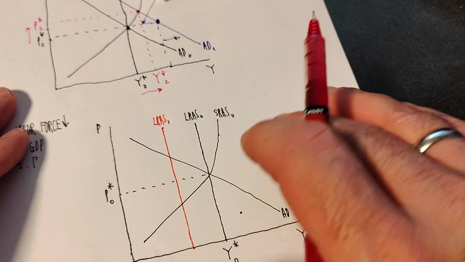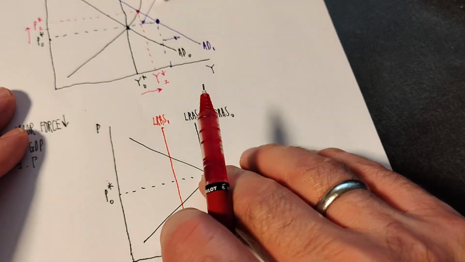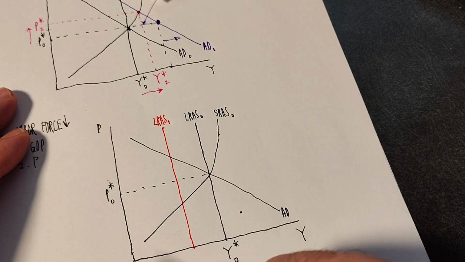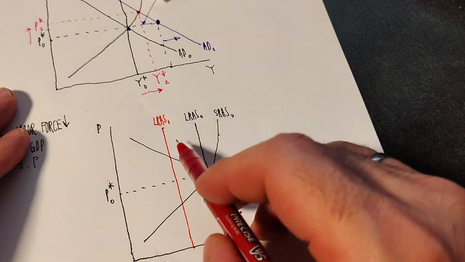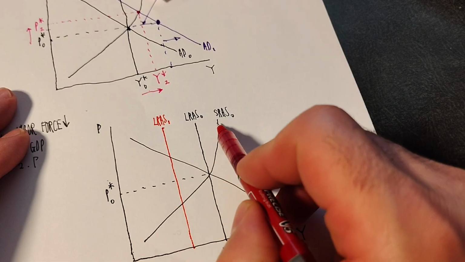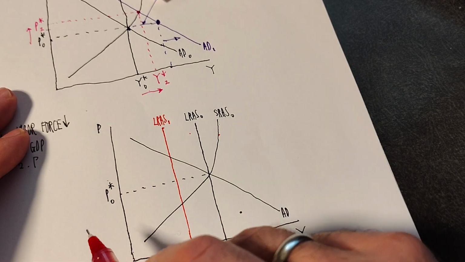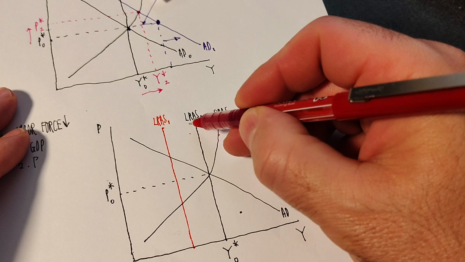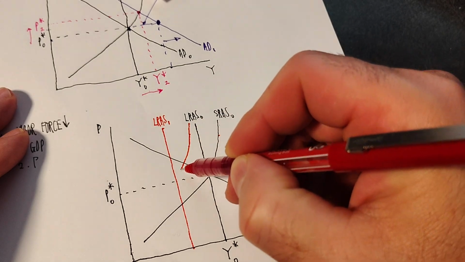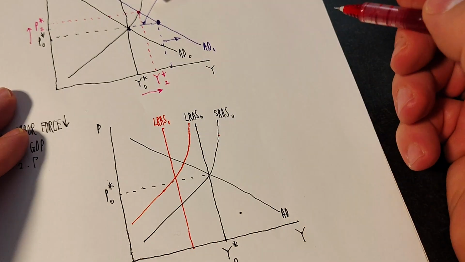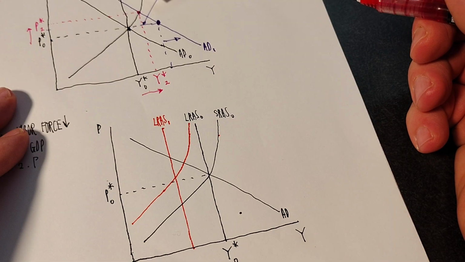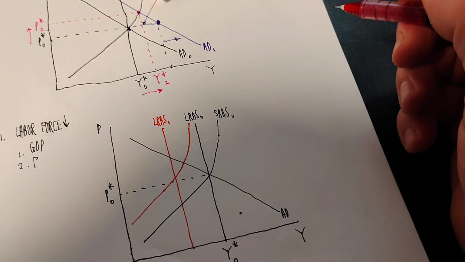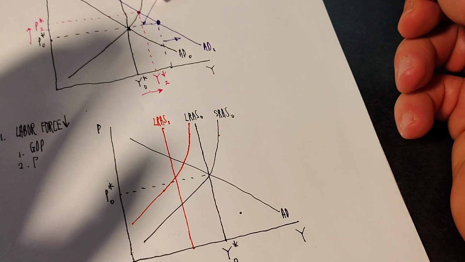And we're going to move the short-run aggregate supply curve as well. We shifted this over about that much, so we need to move this one over to about there. Let's see if I can draw it kind of parallel here. Now where is our new equilibrium?